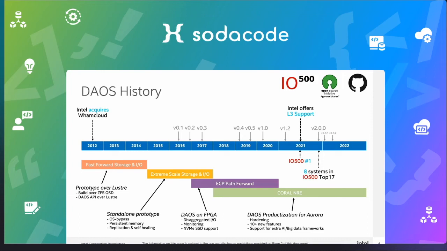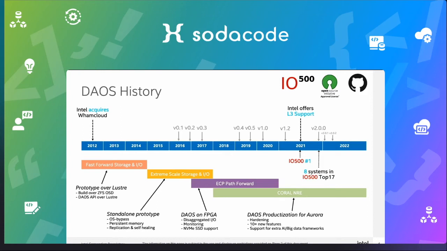The second project was the Coral NRE, non-recurring engineering, which was the big productization project for the Aurora system. In this project, we hardened the DAOS codebase and added a lot of new features for AI and big data. Under this project, we also created the v1.0 version in 2020 that was used by several partners for integration.